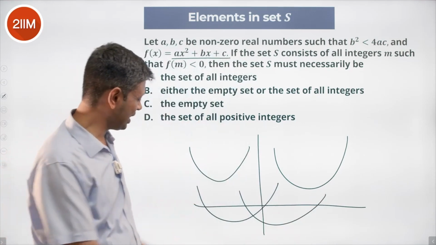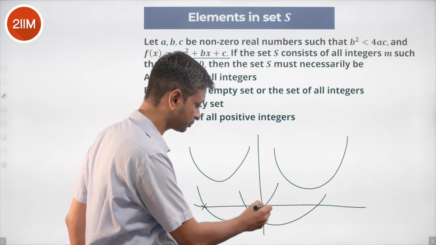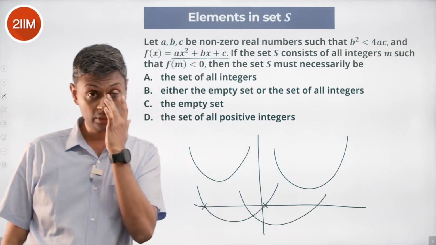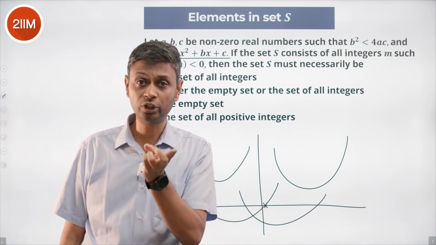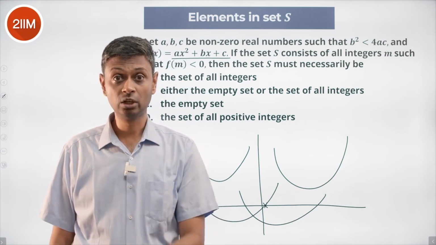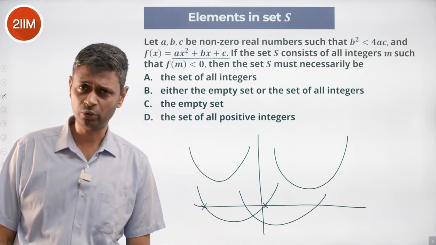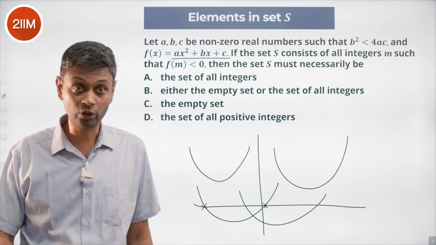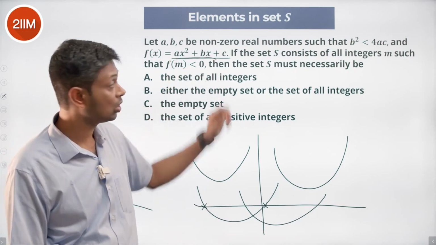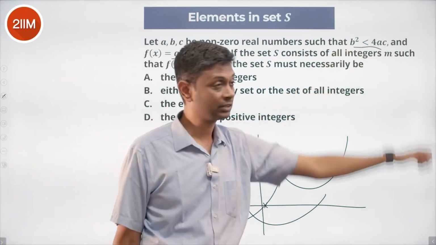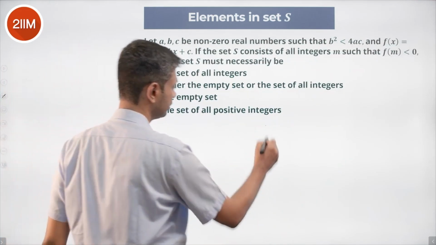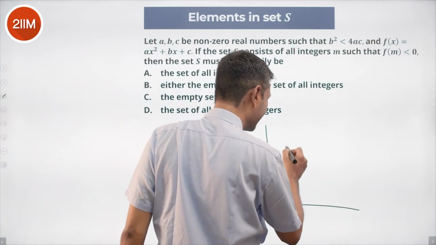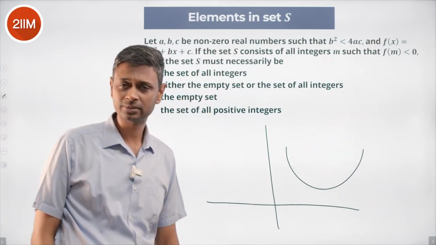And if it cuts the x-axis, then that means f of x goes to 0. That means if I put f of x equal to 0, I have roots. There is some x for which y equals 0. But f of x cannot be 0 because this has no real roots. How do I know that? That is given. That means our beautiful looking parabola has got to be something that does not touch the x-axis.